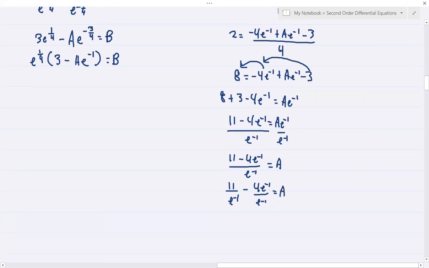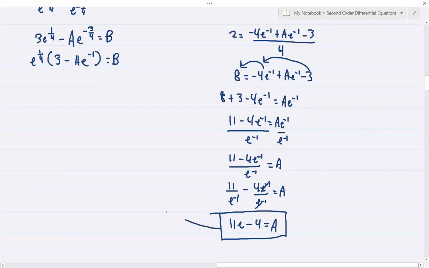Okay. So this one, I can make it into 11 times e raised to 1 or just simply 11e minus, I can cancel out the e raised to negative 1 on the numerator and on the denominator. So I will have minus 4. So that is now my a. All right, that is now my a.